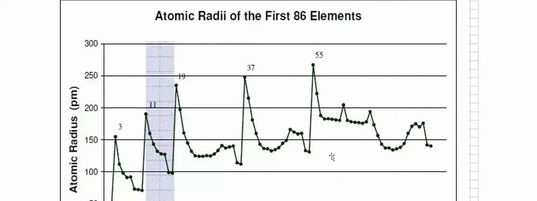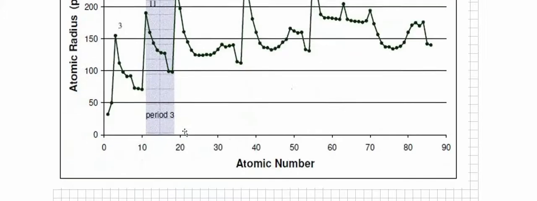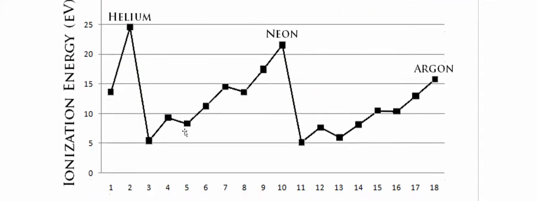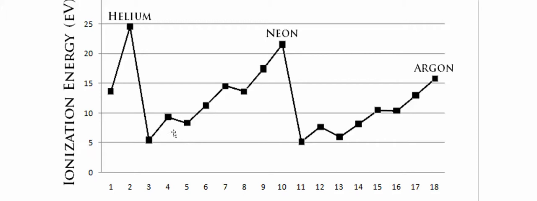This is called periodicity. Now let's take a look at ionization energy. As you move from left to right, say from lithium to neon, ionization energy, with a few exceptions, is going to increase as well.